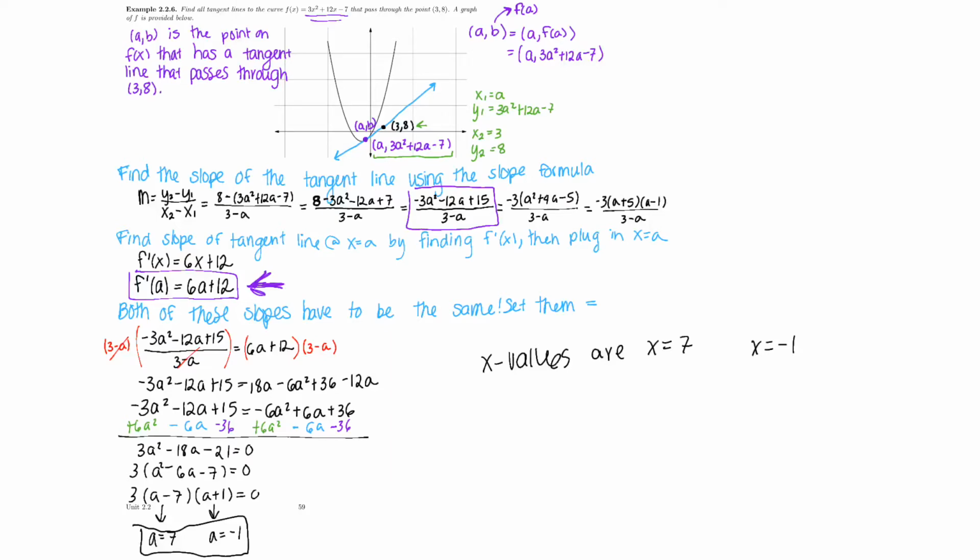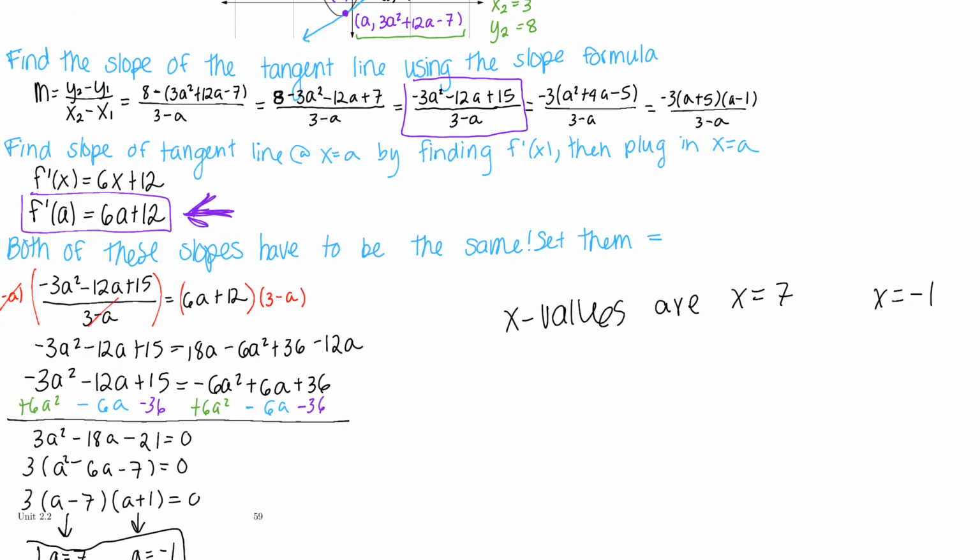So for x equals 7, the slope is equal to f prime of 7, which is just plugging 7 into this. 6 times 7 plus 12. So 42 plus 12, 54.